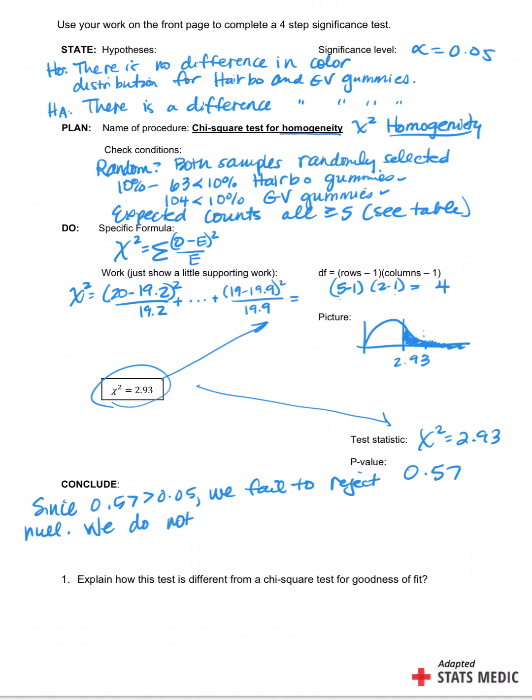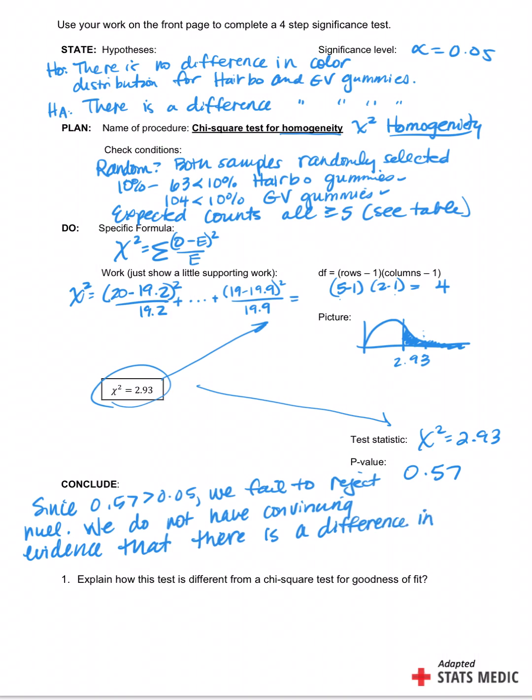We do not have convincing evidence that, and then go back to your alternative. What do we say? That there is a difference in the color distribution between Haribo and Great Value gummy bears.